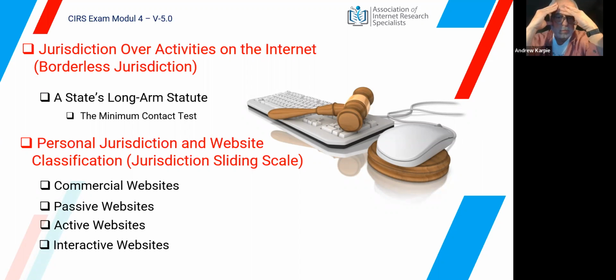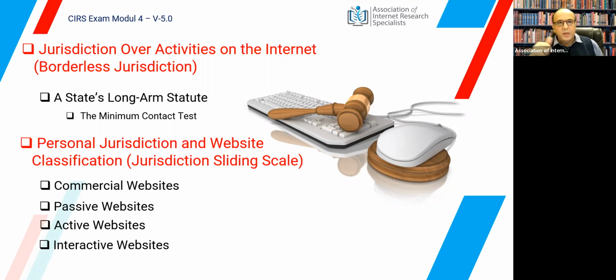So one is the residence of that individual. If he has more than one residence and one of the residences is in that jurisdiction which is being contested, the minimum contact test would entail what is the frequency of travel of this person to this jurisdiction. Has that person been in the residence of that county or that state in the past 1 year or 3 years or 4 years?